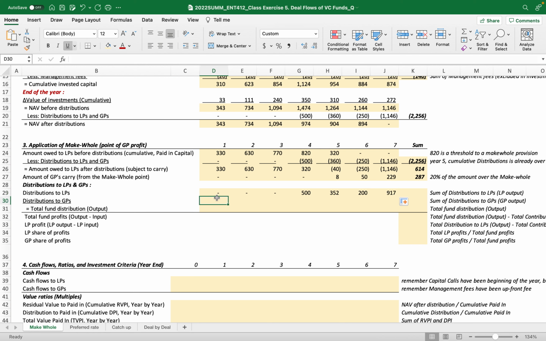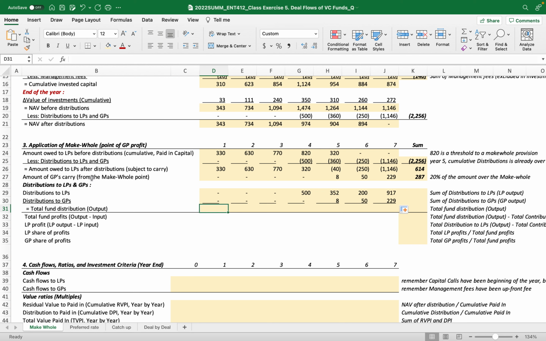Now let's identify distribution to GPs. GPs don't have any carry here, right? And then let's just drag to the right. Is that correct? Right. And then total fund distribution, which is the output.